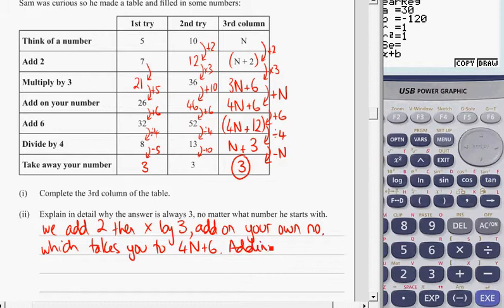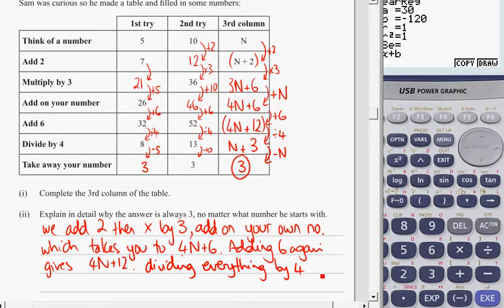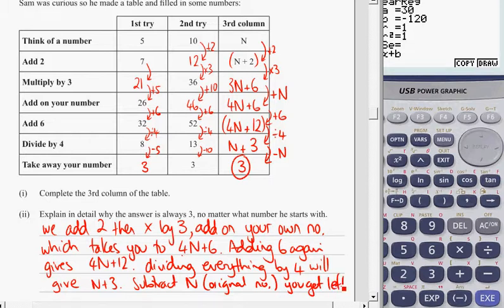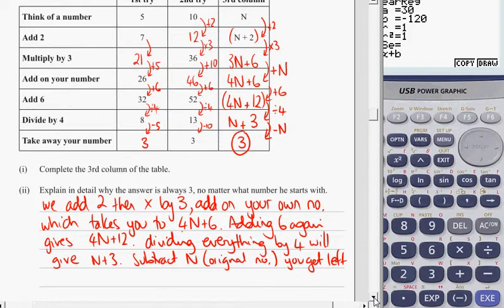Adding 6 onto that gives 4n plus 12. Dividing everything by 4 will give n plus 3. And then when you subtract n, the original number, you get left with 3. And that's how it works.